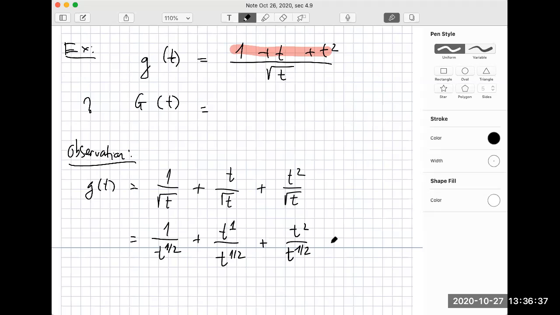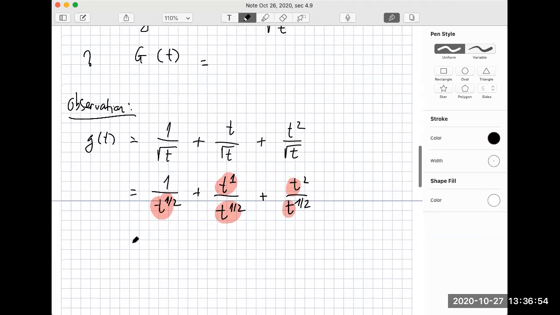So now the power rules tell us, the division of two things with the same base, right? Base t, which gives us, what is it here?